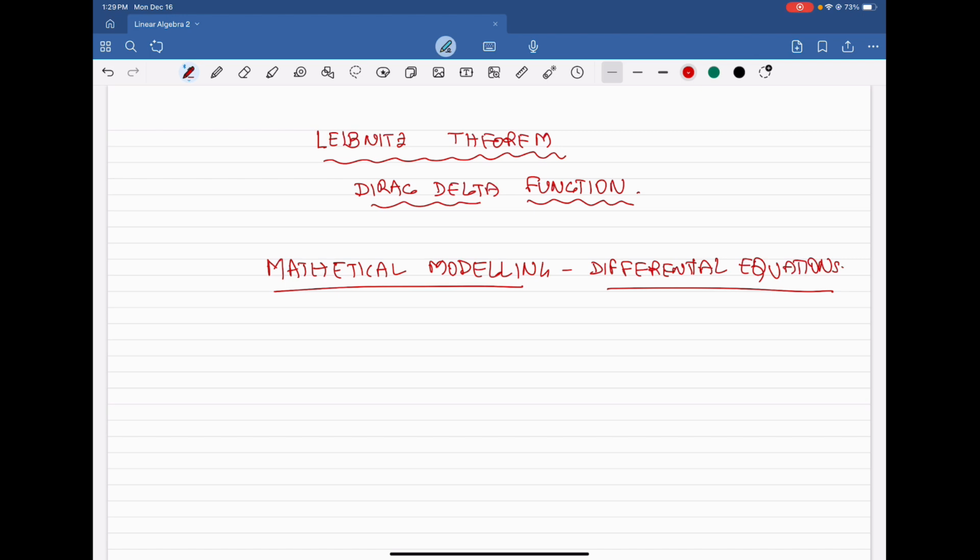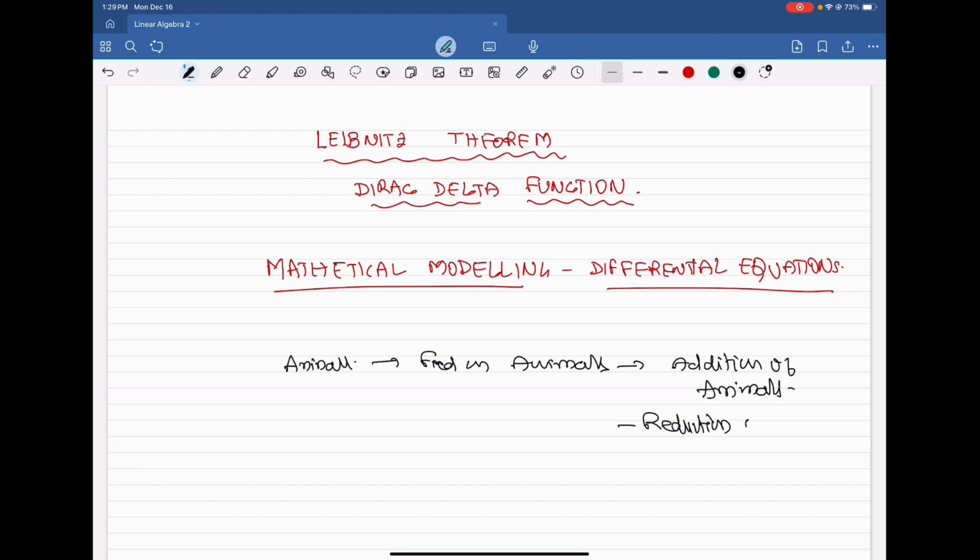If we talk about the prey-predator model, there are animals which feed on animals. There will be addition of animals. There will be reduction of animals. Flora, fauna.